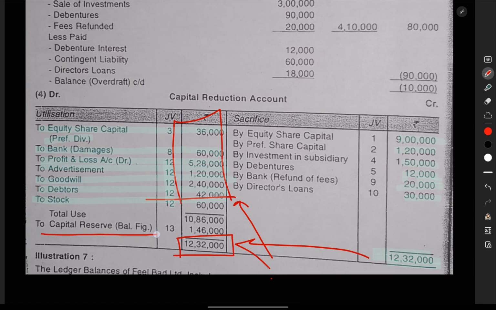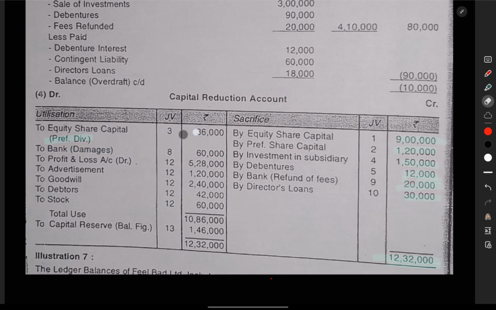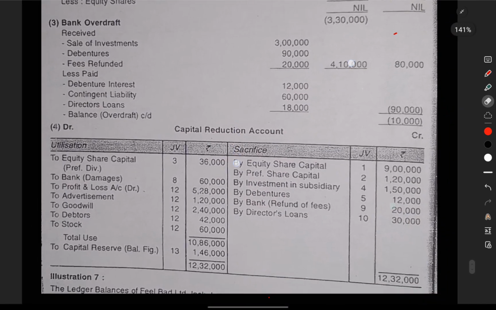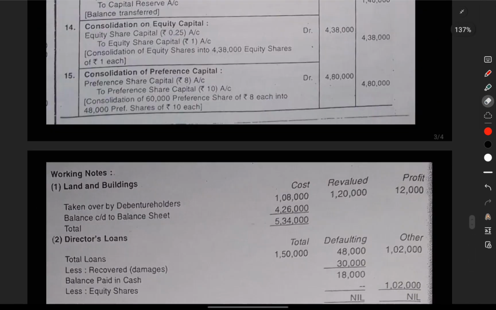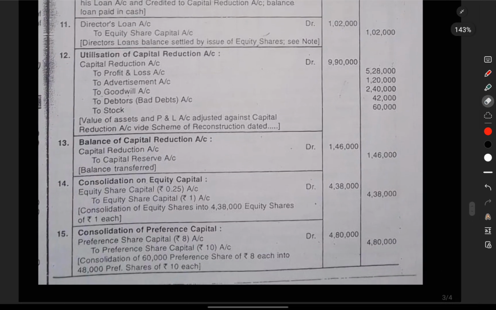So we will get capital reserve which is 1,46,000. So here is our last journal entry. Capital reduction account debit to capital reserve account for rupees 1,60,000. Sorry, 1,46,000.